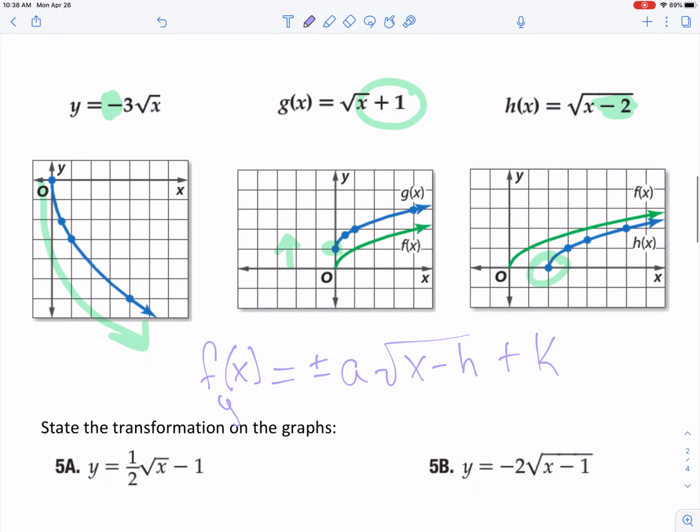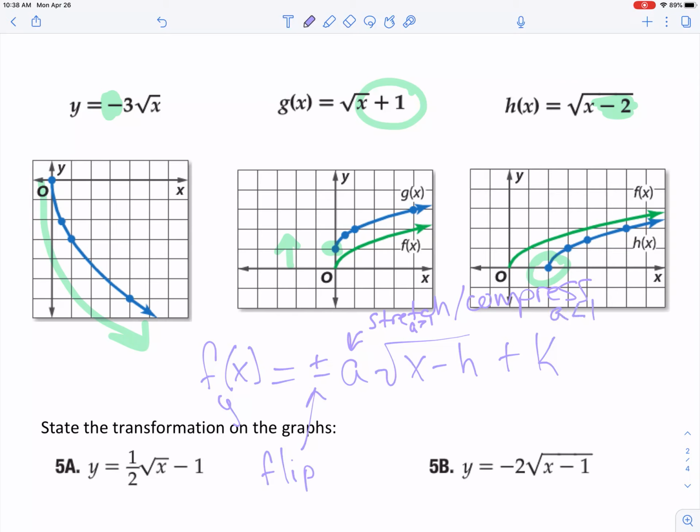Each of these has a specific purpose. The negative is going to flip the graph, just like it did over here. Then a is going to stretch or compress. It is stretched if a is bigger than 1 and compressed if a is less than 1.